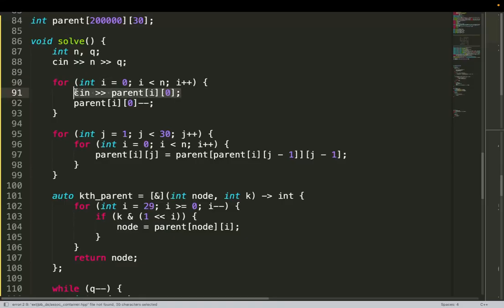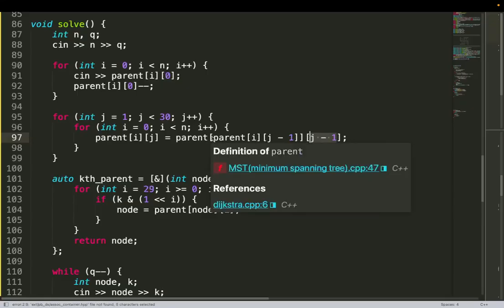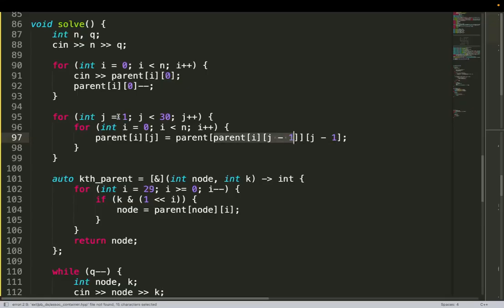I'm storing that, and since I am storing the values in zero based indexing, I'm also subtracting 1. Now over here I am populating all the 2 power jth parents, with a j equals 1 to 29 loop going over all the nodes, and the 2 power jth parent of that node is nothing but the 2 power j minus 1th parent of the 2 power j minus 1th parent of node I. This is how we are getting the 2 power jth parent of I.